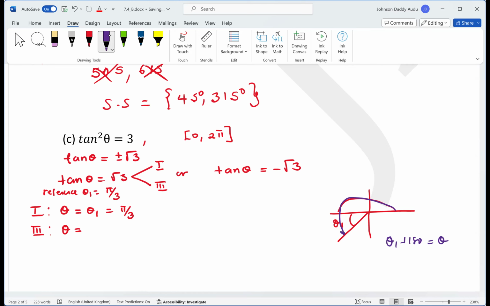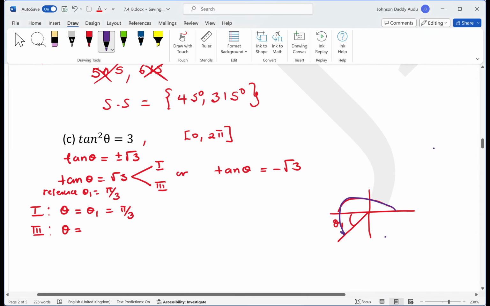Remember, we are interested in theta in standard form.